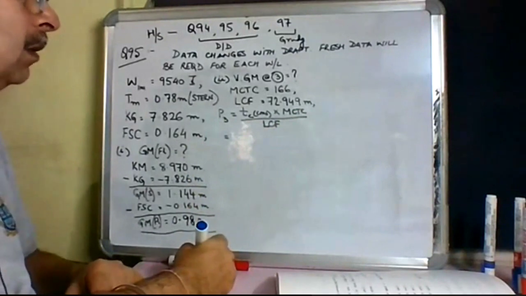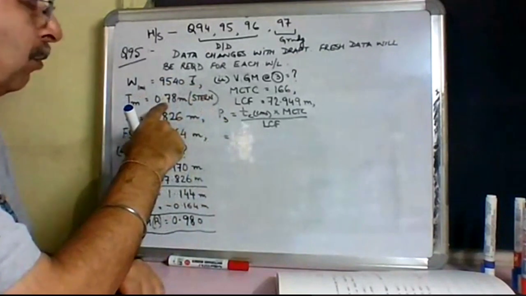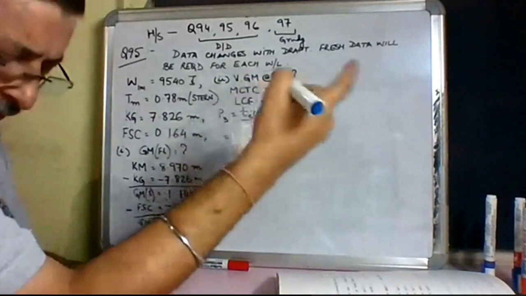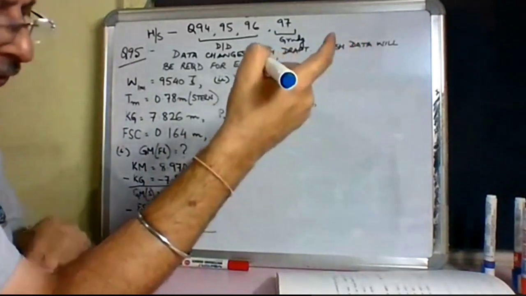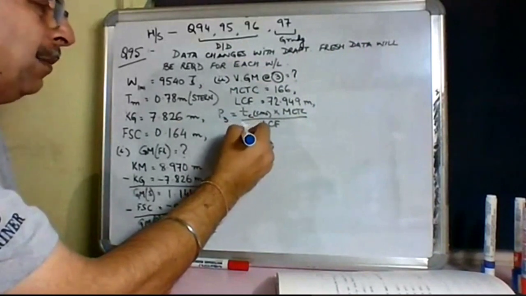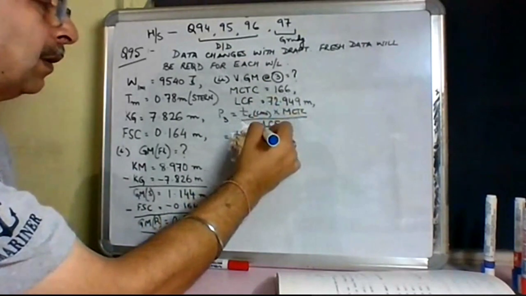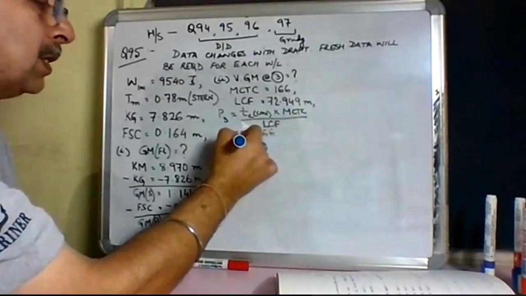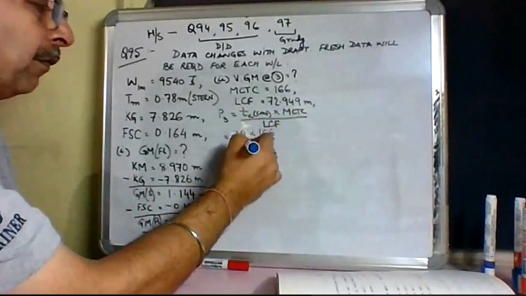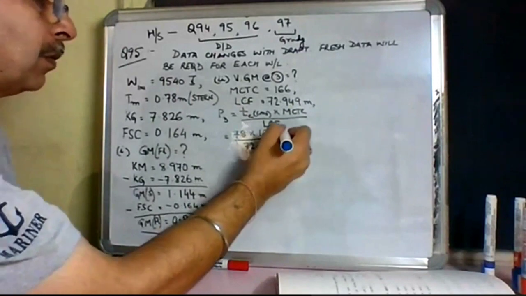So P3 is equal to initial trim 0.78, final trim 0. So TC will be 78 centimeters into MCTC 166 upon LCF 72.949.